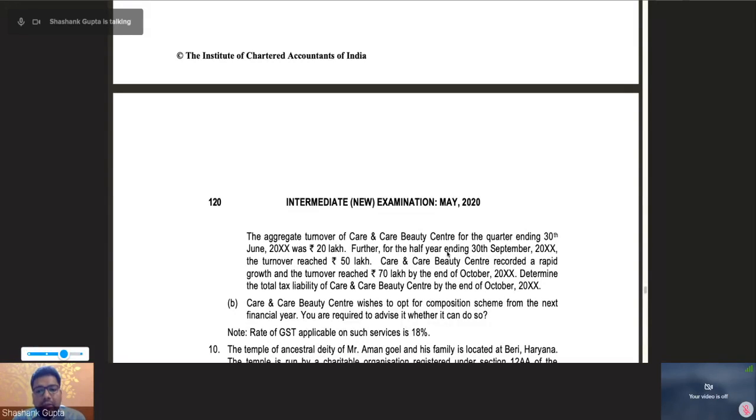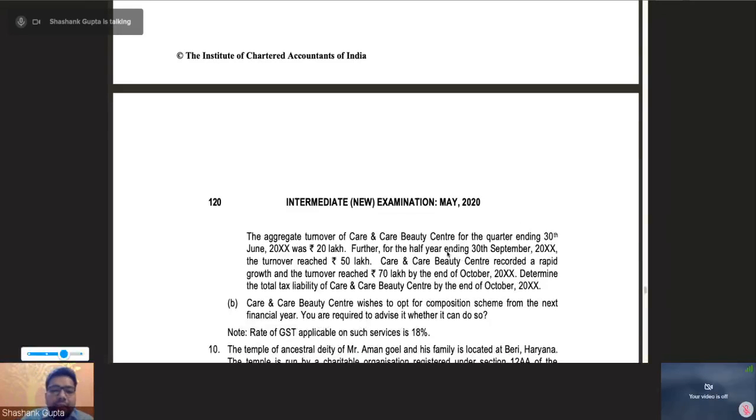Care and Care Beauty Center recorded rapid growth and the turnover reached 70 lakh by the end of October. Determine the total tax liability of Care and Care by the end of October. And in the notes you can see the rate of GST applicable on such services is 18%.